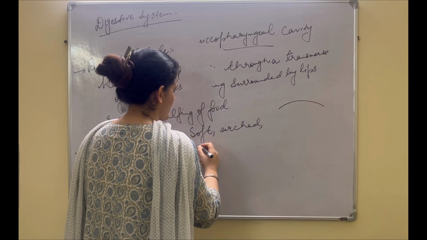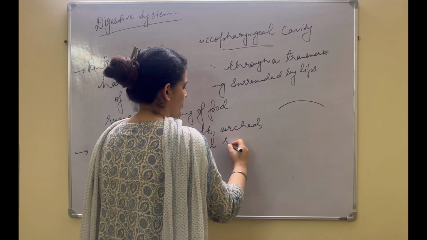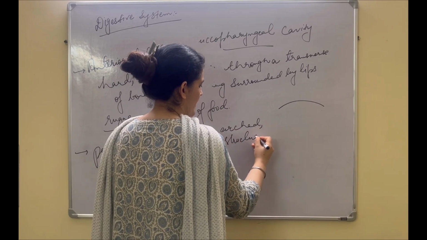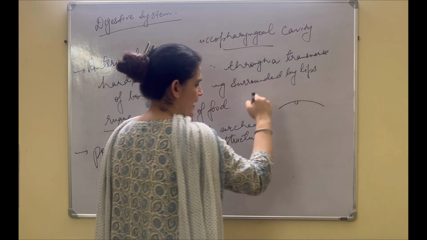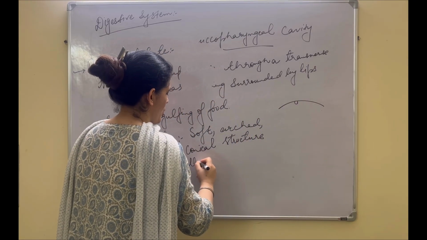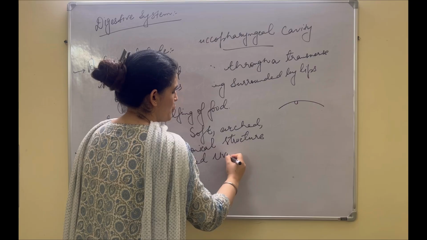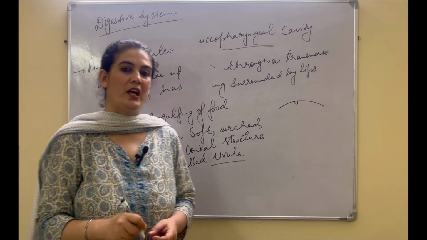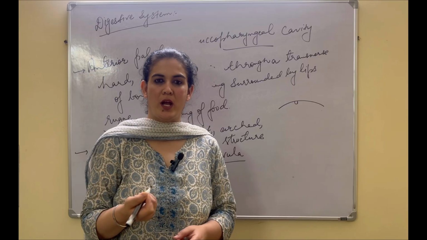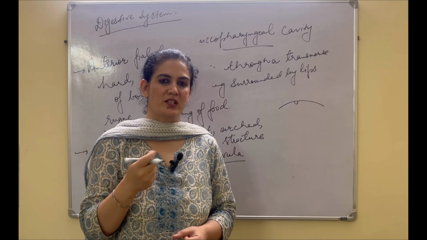So this is soft and arched, and basically at the end you will find a conical structure which is hanging. It is called the uvula. This is important. You must have seen it, students, while brushing your teeth.